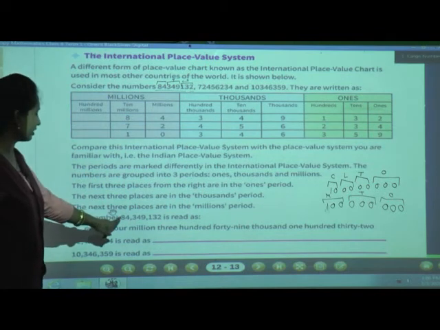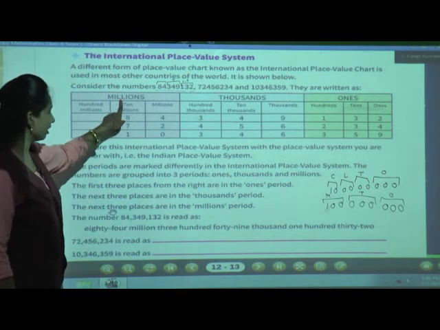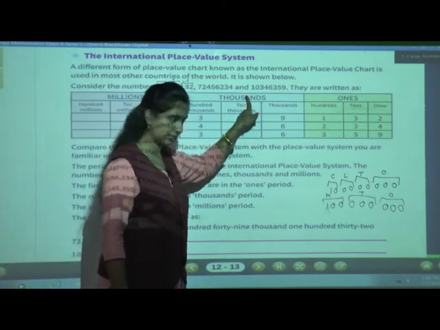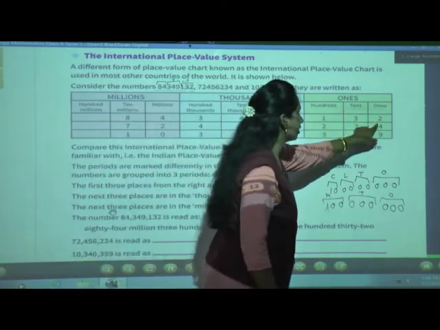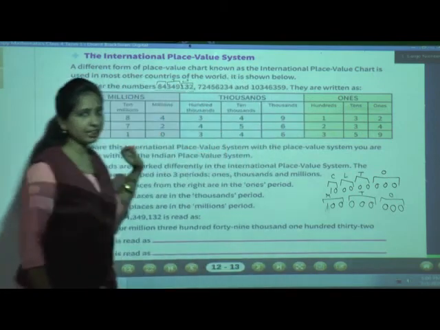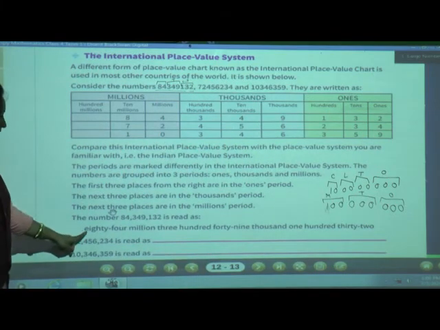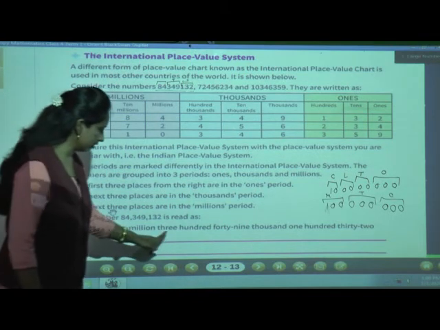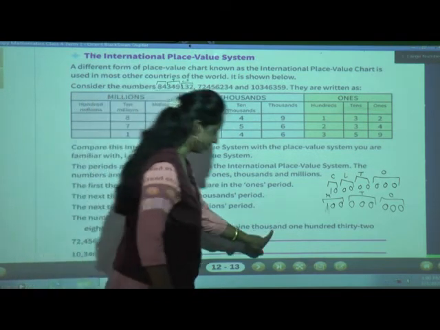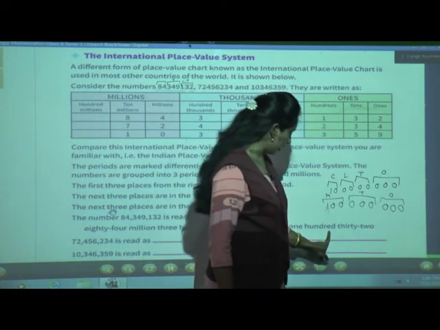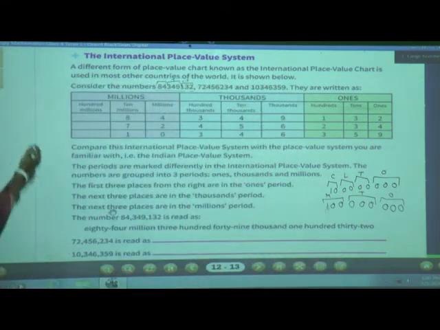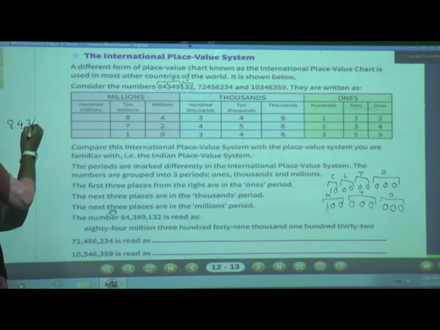So the number is 84,349,132. Are you getting? So we read as they are given here. See, 84,349,132. Suppose the same number we will compare with our Indian place value system.